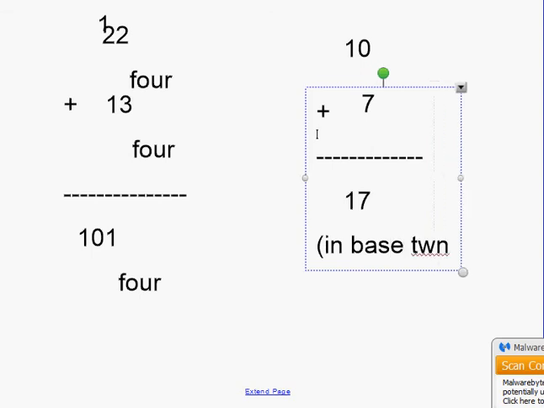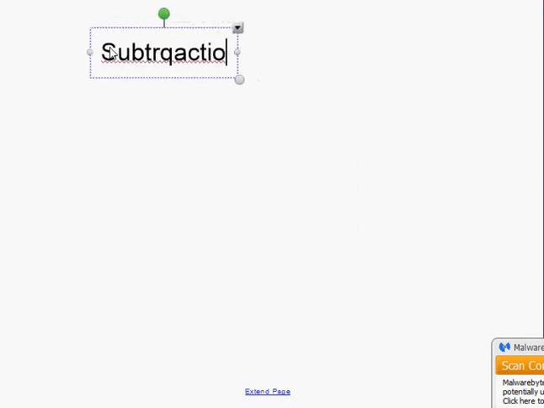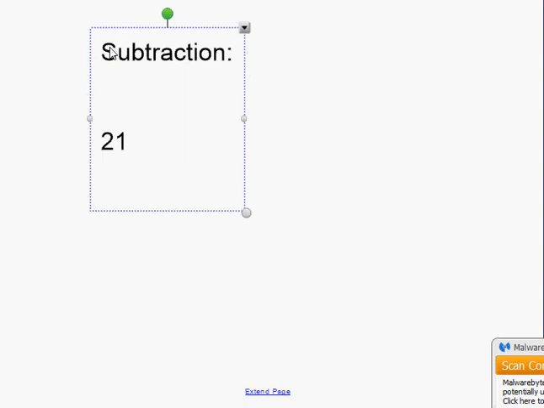Because 3 from 1 we couldn't do, so we'd have to borrow. Since we can't subtract 3 from 1, we borrow 1 from the preceding place. We are working in base 4, so we are borrowing one group of 4. So 4 plus 1 gives us 5, and 5 take away 3 leaves us with the 2. And we've already borrowed 1 from the 2, so 1 minus 1 is 0. So all we're left with is 2 base 4.